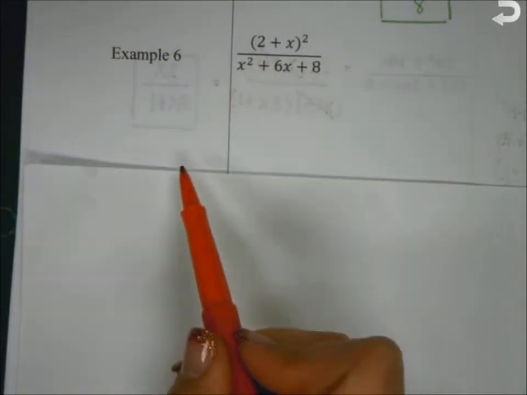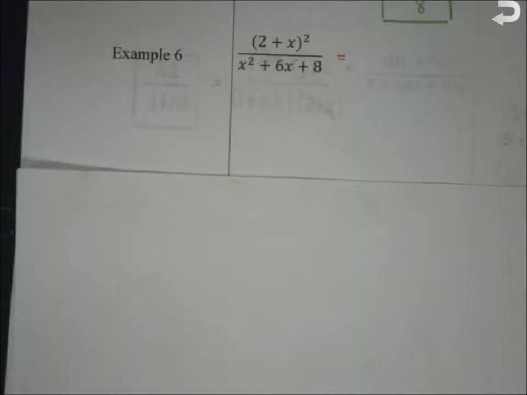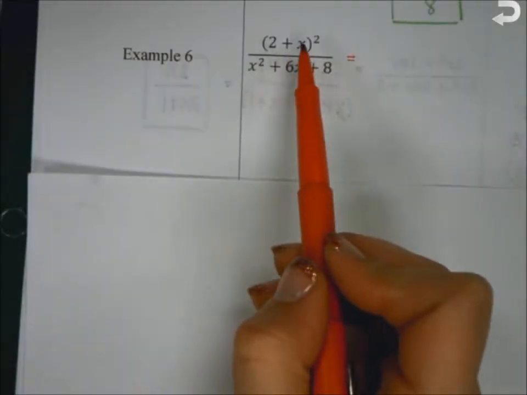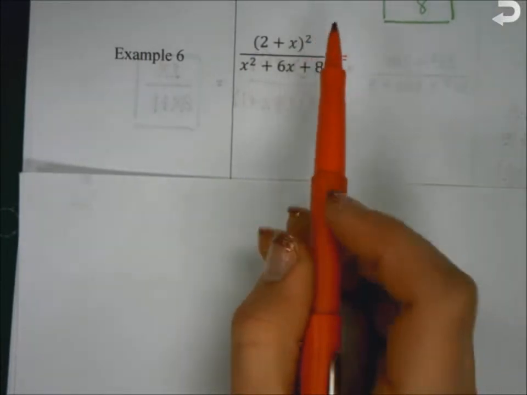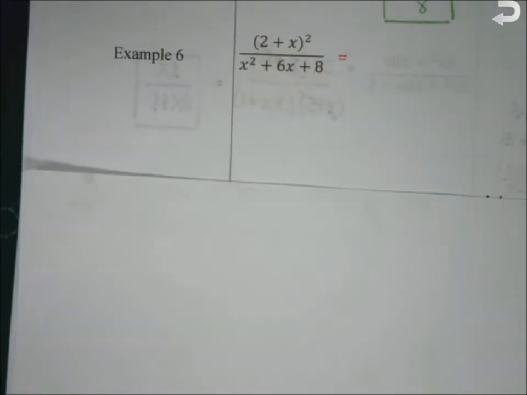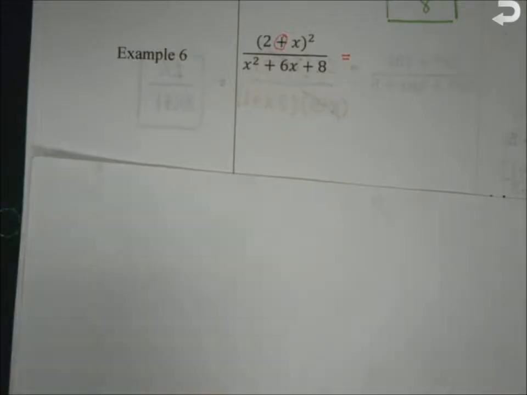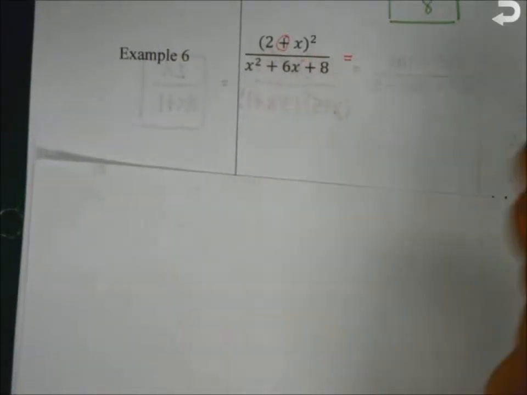Question, can I take the square and distribute it into the parentheses? Why not? Because I'm adding, not multiplying. Okay, so how would I actually write this? 2 plus x times 2 plus x. Okay, so we expanded it.